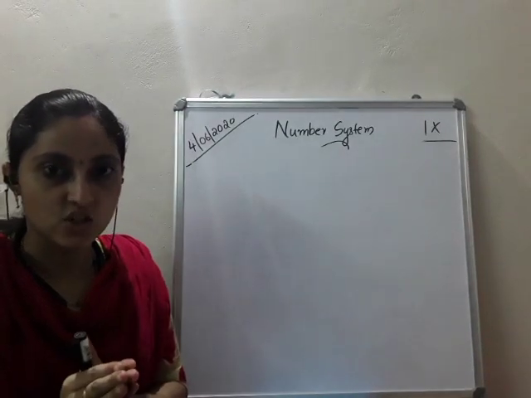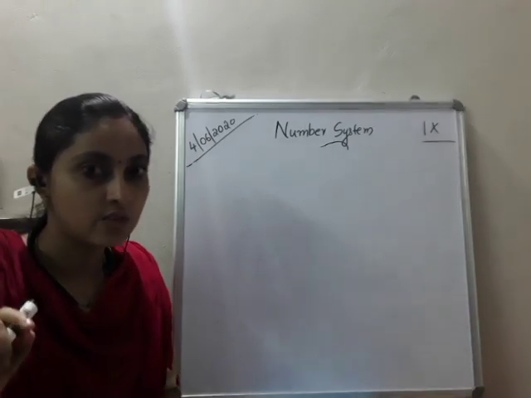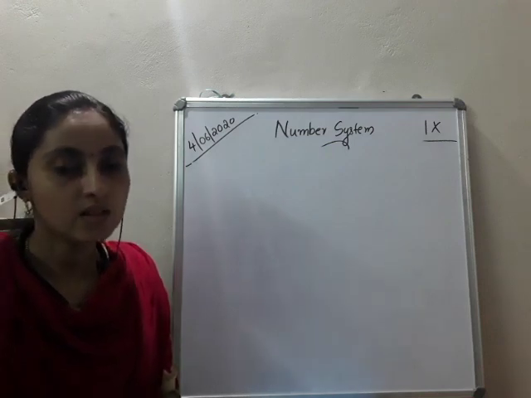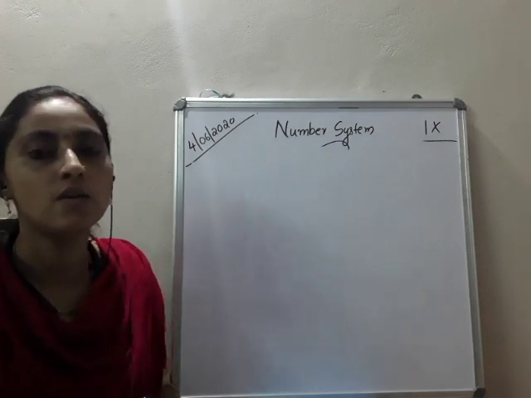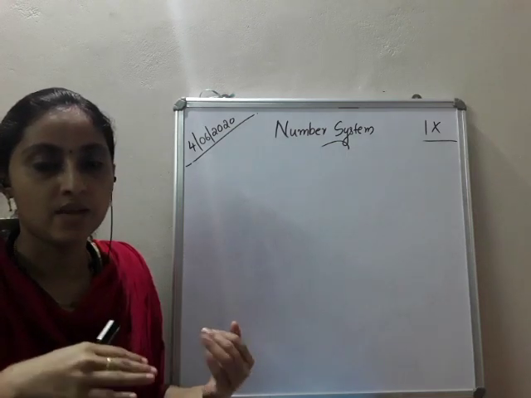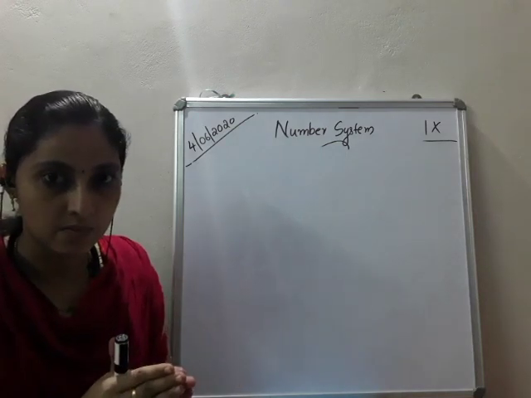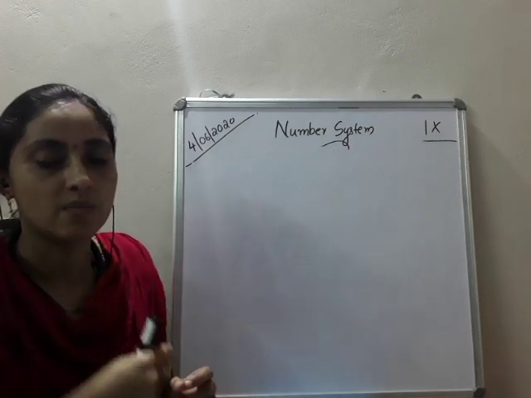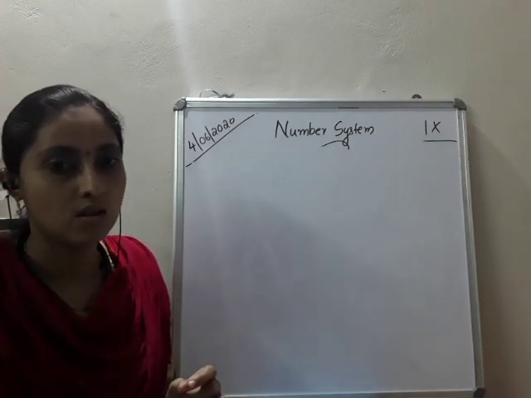In this section we go through the conversion of a decimal number into a rational number of the form p by q, which is the reverse order. We already have a decimal number. We have to convert that decimal number to a rational number of the form p by q. Is it clear?